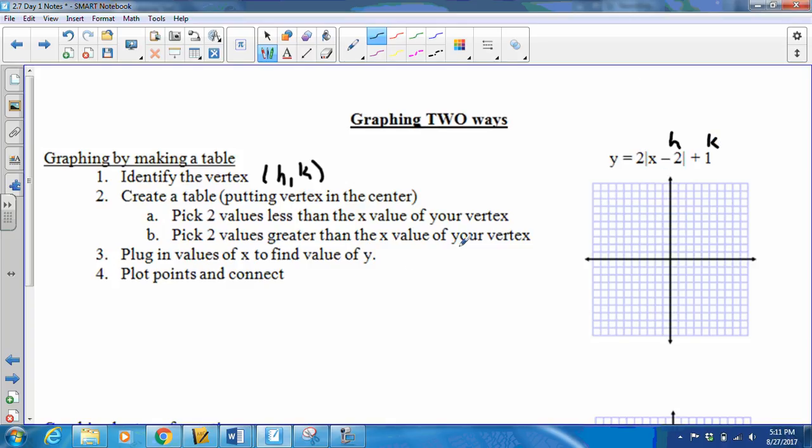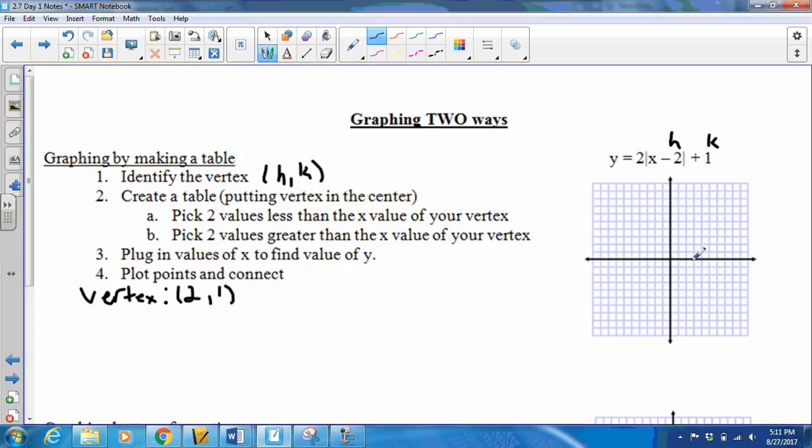Remember, our h value is always the opposite of what we see. So in here, we have x minus 2, so when we write our value, it's actually going to be a positive 2. And then our k value stays exactly as we see it. So if we see a plus 1, then it's going to be a positive 1.